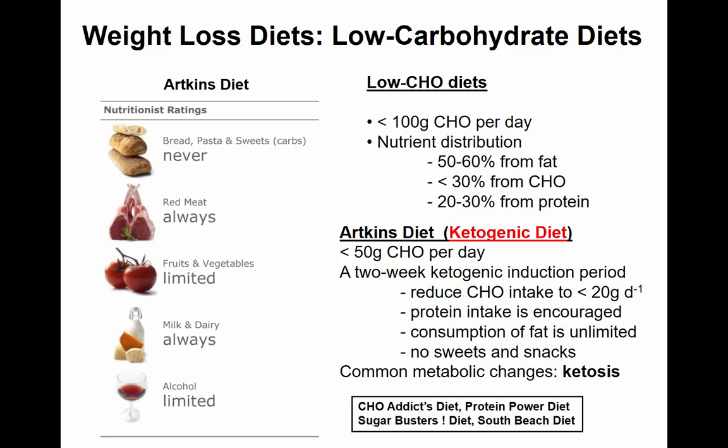And no sweets and no snacks, because sweets and snacks definitely have a lot of carbohydrate. If you eat this type of diet for about 2 weeks, you can see significant weight loss, right? A common metabolic change of this type of diet is called ketosis, the ketogenic state. That's why this type of diet is called a ketogenic diet.